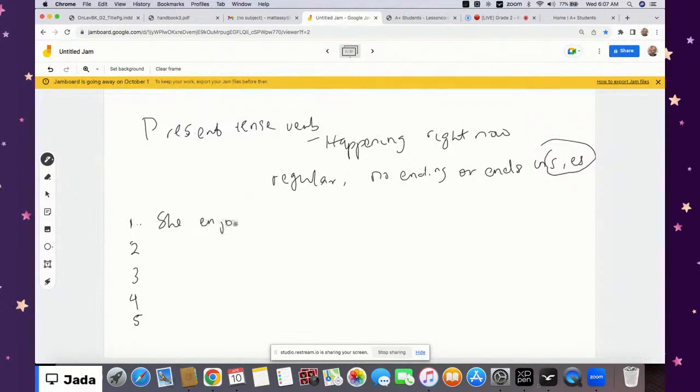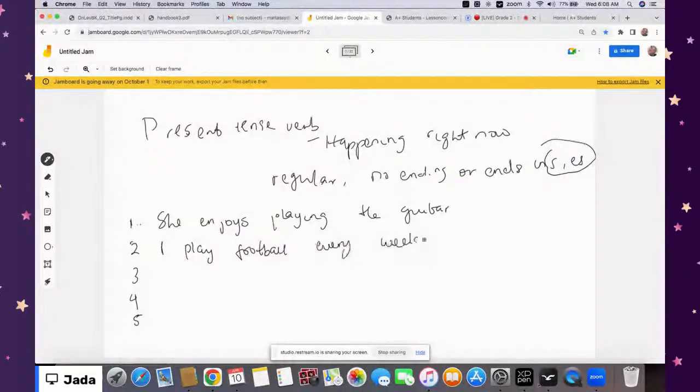She enjoys playing the guitar. Then also, I am 7 years old.